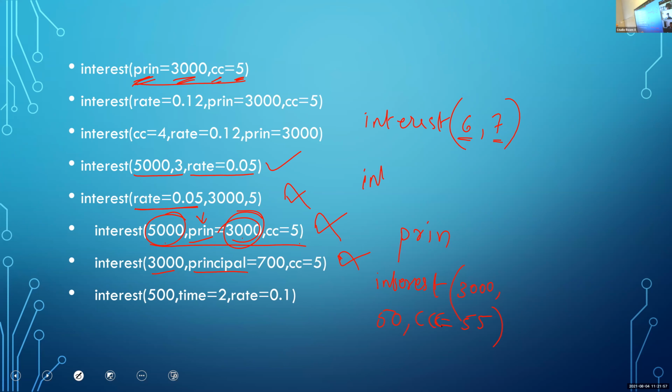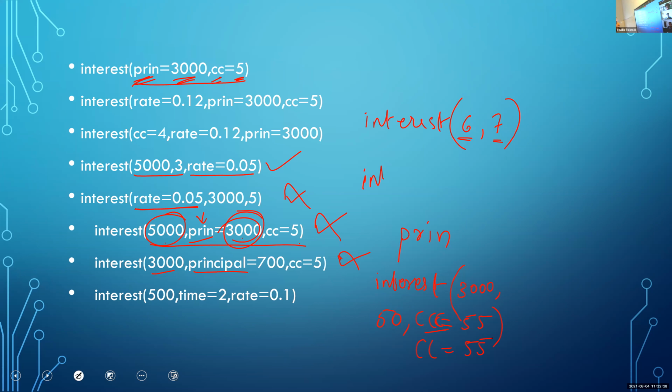The correct reason is that this function call statement is invalid because there is no such argument as CCC. Our argument name is CC, not CCC. If the statement were 3000 comma 50 comma CC equal to 55, it would also be invalid because we are assigning two values to CC, 50 and 55.